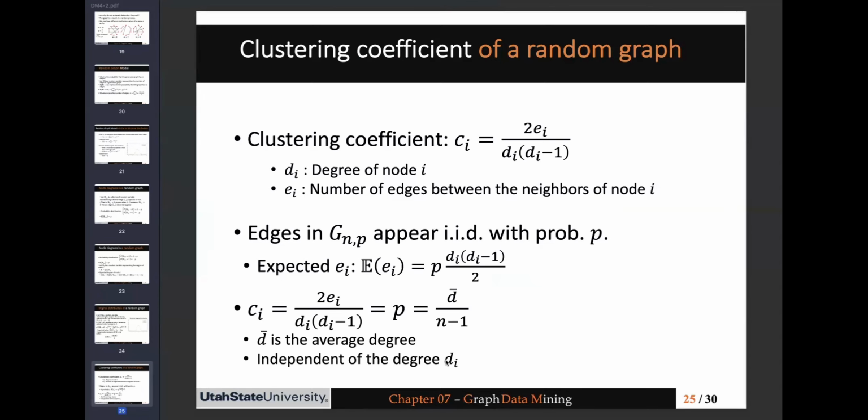In a random graph, the probability that any two nodes are connected is p, regardless of whether they share a common neighbor or not. So as a result, the expected clustering coefficient of a random graph is simply equal to p.